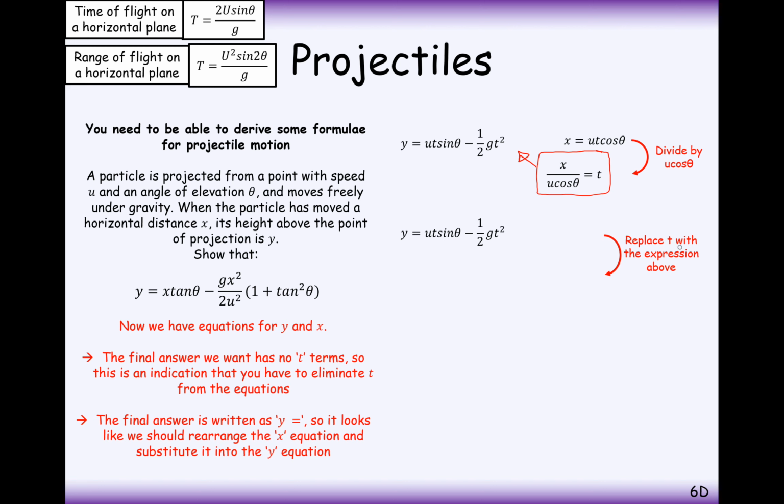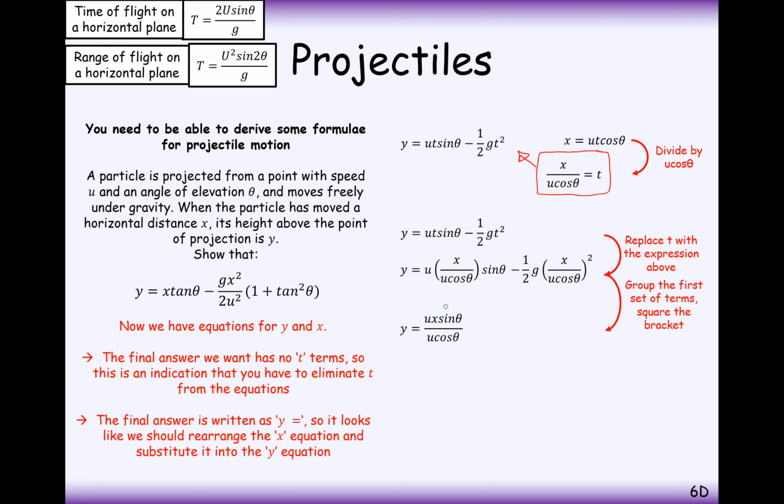So replacing t with x over u cos theta, doing it very carefully, it's going to be u times t, which is x over u cos theta, times sine theta, and then minus g brackets x over u cos theta, and that's all going to be squared, that part there. Hopefully what we're going to do now is expand the brackets and end up with what we're looking to show here.